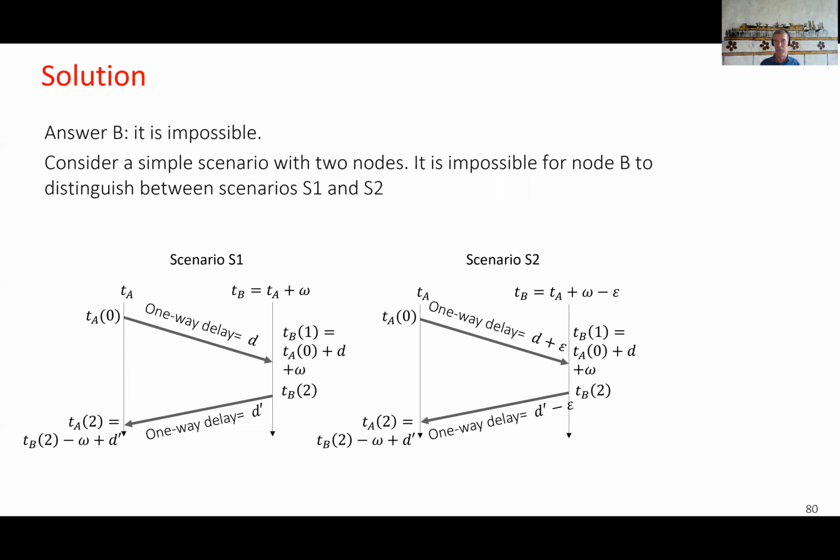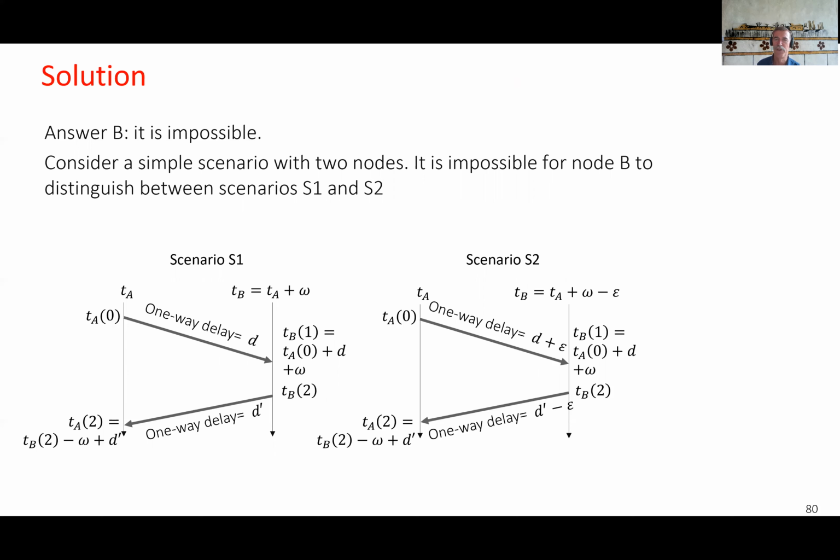And all that the time stamping protocol will do is associate the events with the measurements of time done in the local clock. So here, A sends a message at a time which is event 0, measured with the time of A, TA of 0. It's received at B, and the time measured by B will be the time at which it was sent, plus the one-way delay, which is D, plus the offset, because the clock of B is offset by omega.